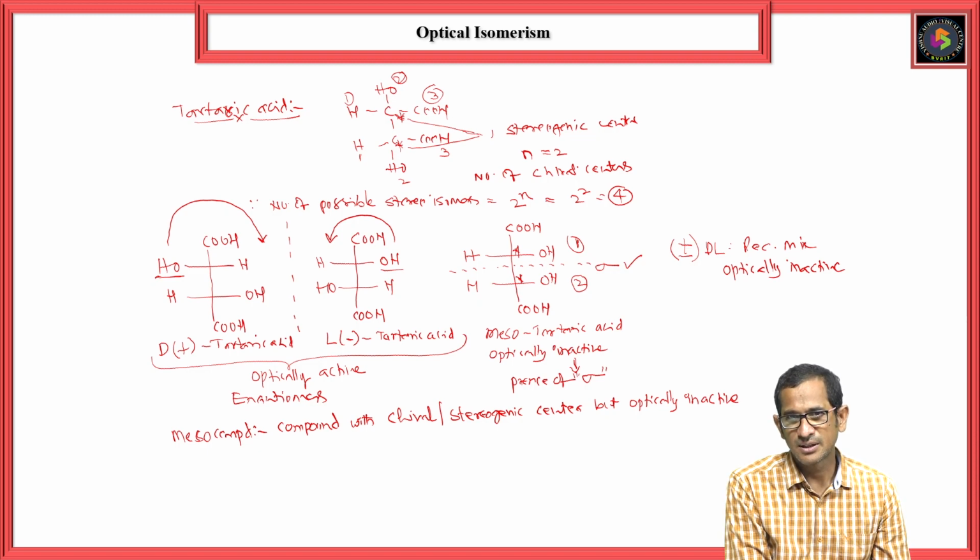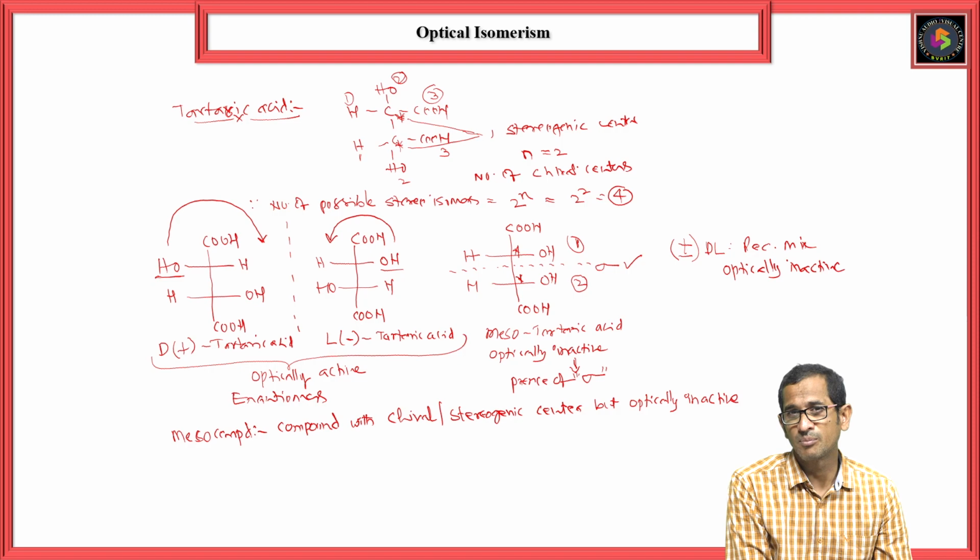So, what does the plane of symmetry mean? If you divide any object into two equal halves, one half is a mirror image of the other, then it is said to have a plane of symmetry. A compound with a plane of symmetry is optically inactive.